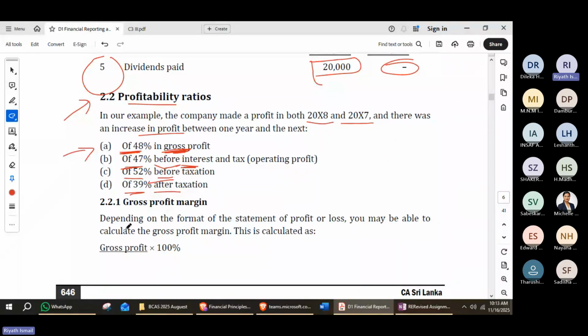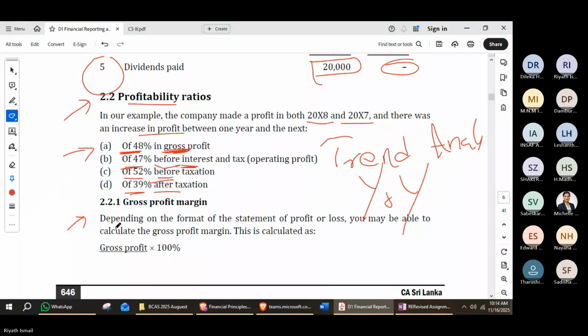Depending on the format, so we did this here. This is trend analysis. We just report when we compare; sometimes it's called year-on-year analysis. Now we look at gross profit margin.